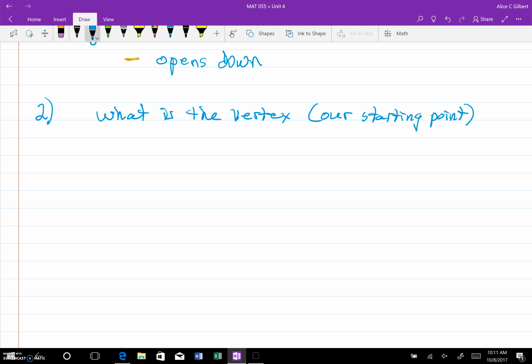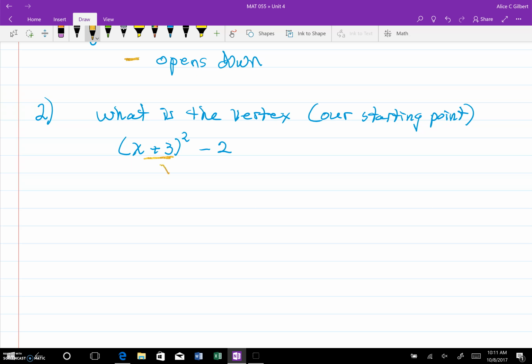So again, if I have, say, this, that's a squared, if you couldn't tell. Here's the thing: our x coordinate is always the number with the x inside the parentheses.